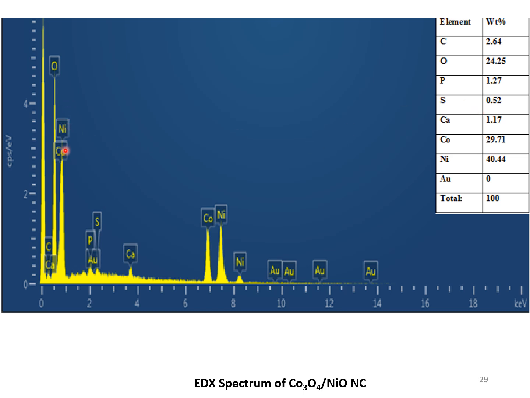Qualitative means that the elements, for example, oxygen, nickel, and cobalt are present. You can also see some additional peaks. For example, there is phosphorus, sulfur, calcium, and this gold peak is shown. The gold peak is an artifact.